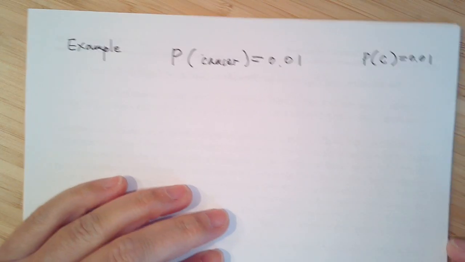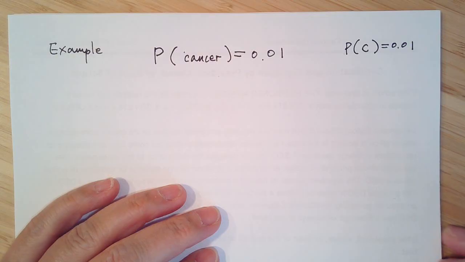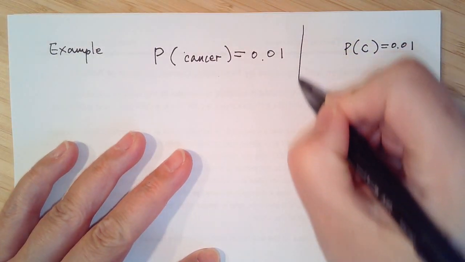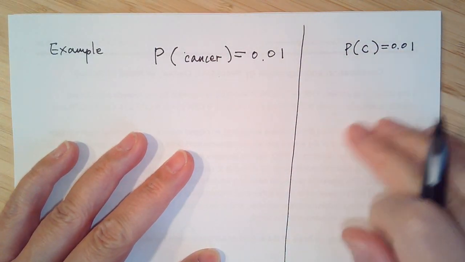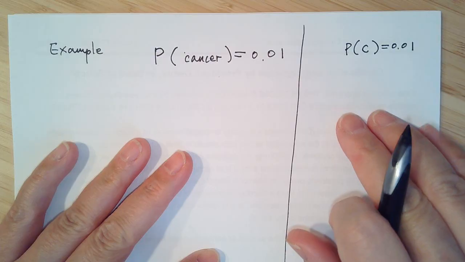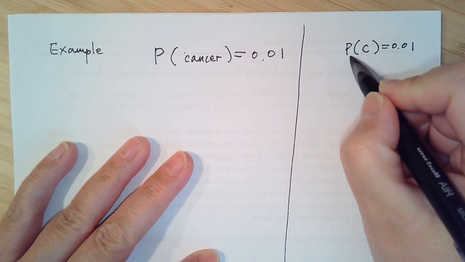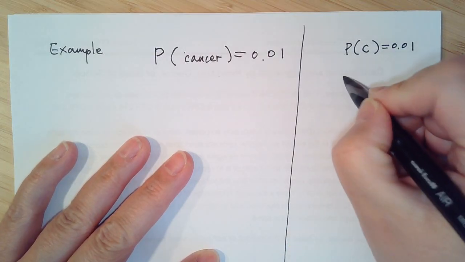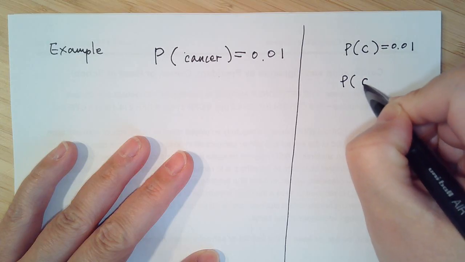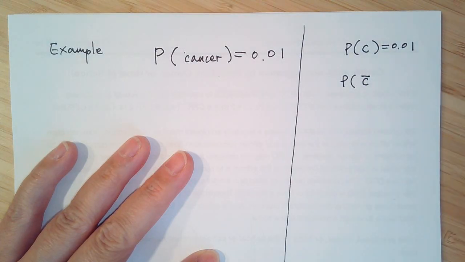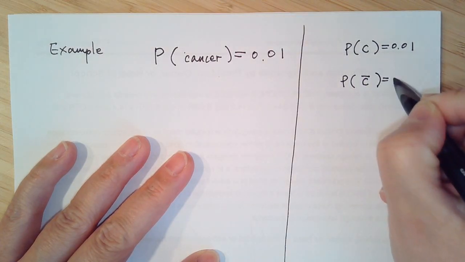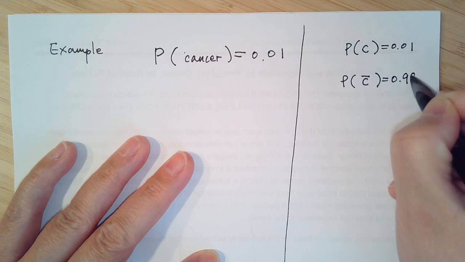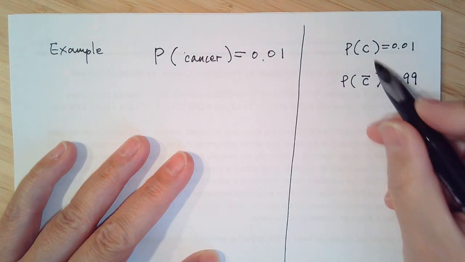As a habit, it might help you that I put a little note on the right. Whatever I write on the right will help you a little bit. If P of C is 0.01, then no C, C bar, would be 0.99. Quick review, complementary events.